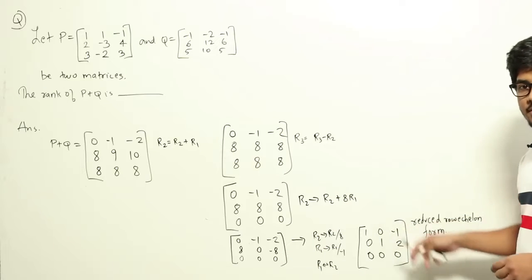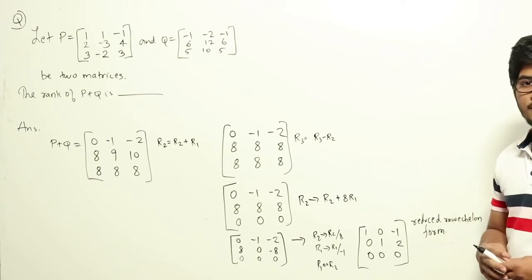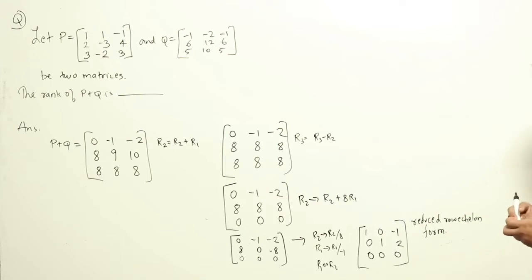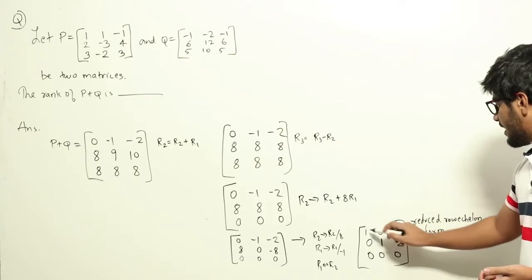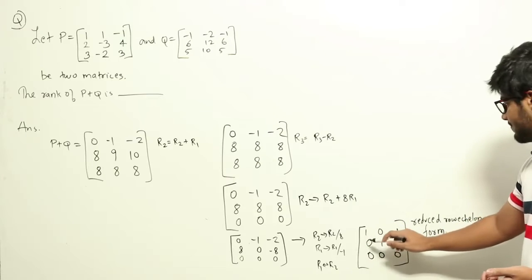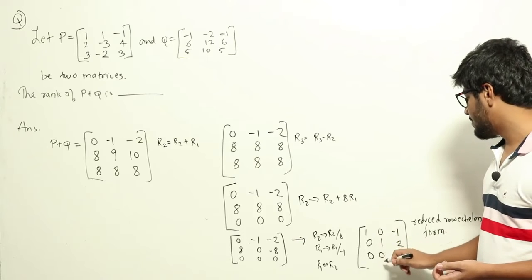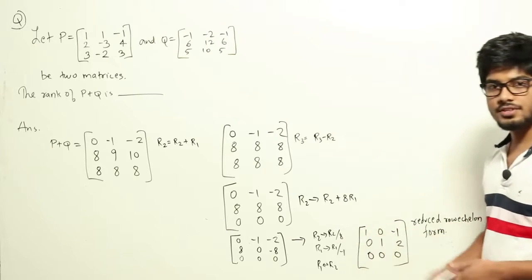Now this is in reduced row echelon form. To understand what reduced row echelon form is, you can refer to the video lectures for linear algebra, rank of matrix. Basically, reduced row echelon form means any row having more zeros before the first non-zero element should appear below any row having fewer zeros before the first non-zero.